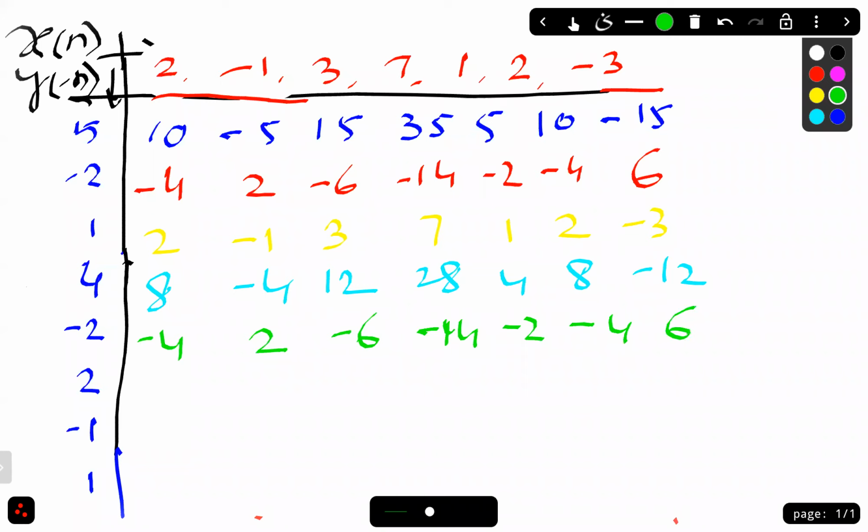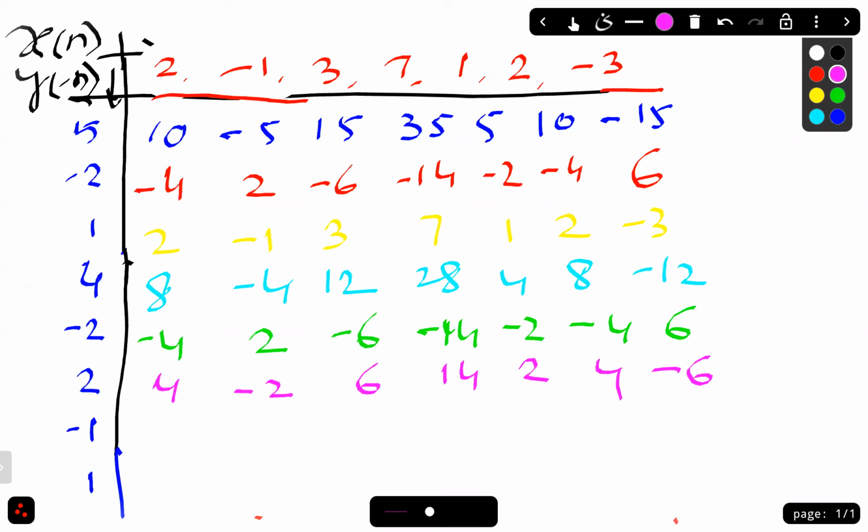Okay, then what do we have next? 4, 19, minus 2, then 6, then 14, then 2, then 4, then again minus 6.